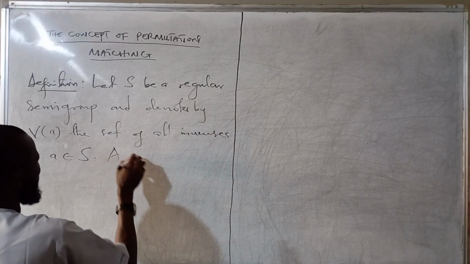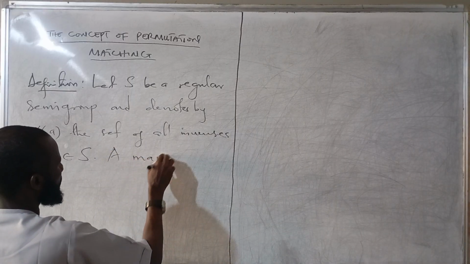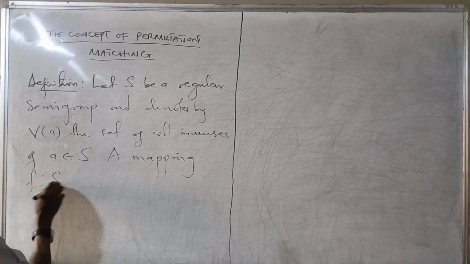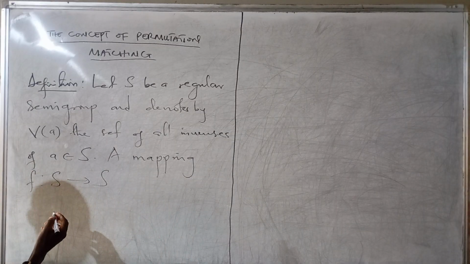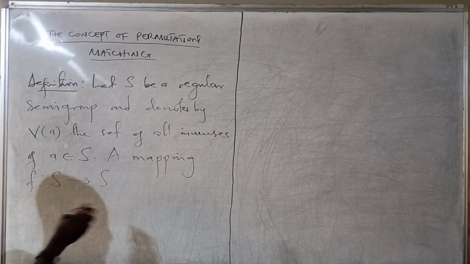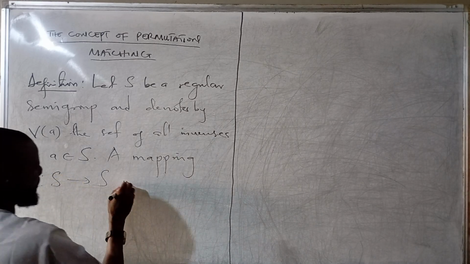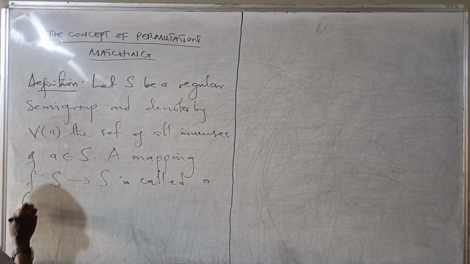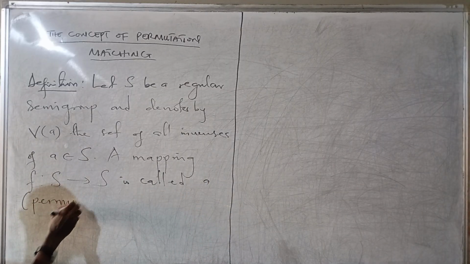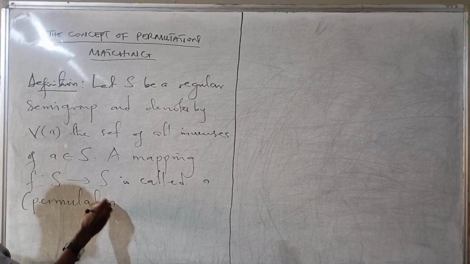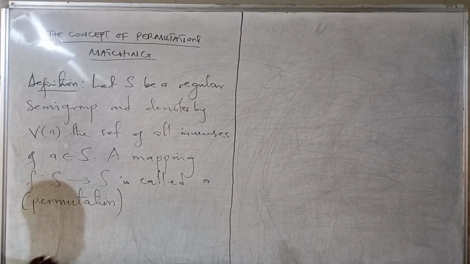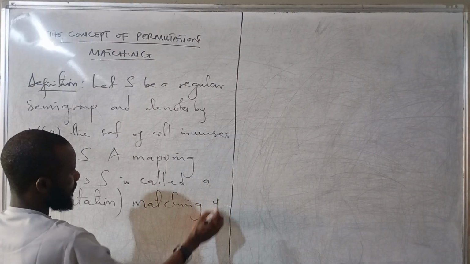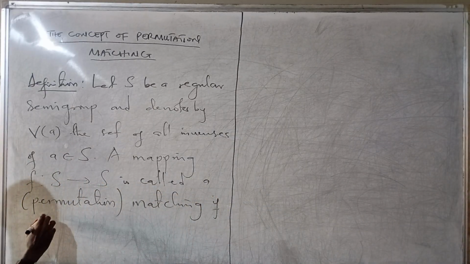Okay, so a mapping F from S to S is actually a self-mapping, sending elements of the semigroup to itself. It's called a permutation matching. At times we drop the word permutation and just refer to the mapping as a matching, if it satisfies two conditions.